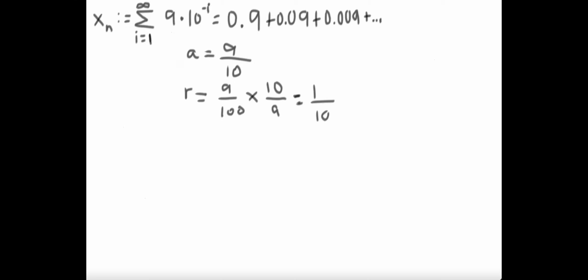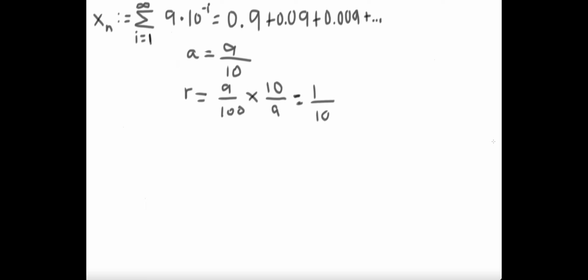Using our knowledge on the sum of an infinite geometric series, we would need the first term and the common ratio to be able to solve this. Let's write the first term, which is a, as 9 over 10. The common ratio is just 9 over 100 divided by 9 over 10, which is just 9 over 100 times 10 over 9, which is 1 over 10.